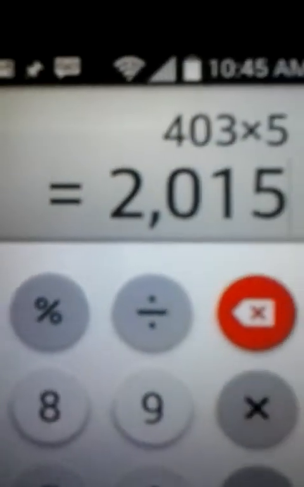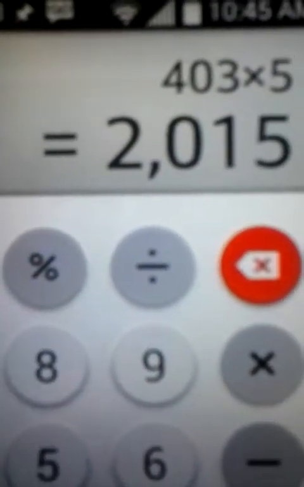This is the divisors for the year 2015. 1, 5, 13, 31, 65, 155, 403, and 2015. 403 multiplied by 5 gives you, I believe it is 2150. I know it's symbolic to 2015. 403 times 5 equals, see, 403 times 5 equals 2015.